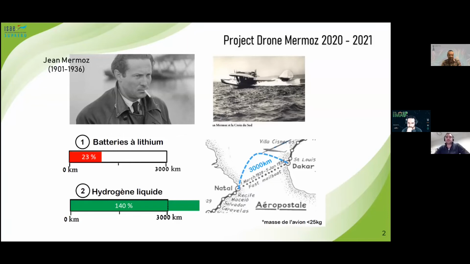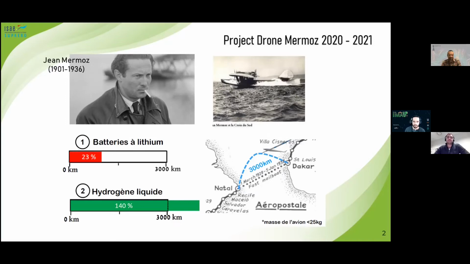You can see here an example between Dakar and Natal, Dakar in Senegal and Natal in Brazil. It takes approximately 3,000 kilometers to do the journey. And you can see the pilot who was one of the biggest stars of the time, Jean Mermoz, who died in 1936. He disappeared in the sea. So the project carries the name of this pilot.